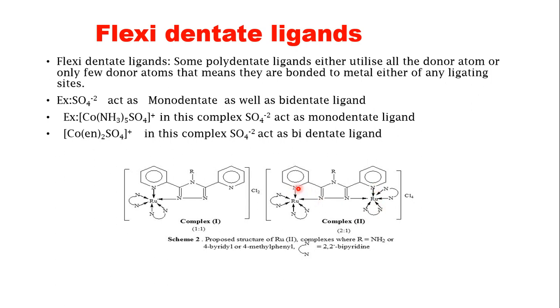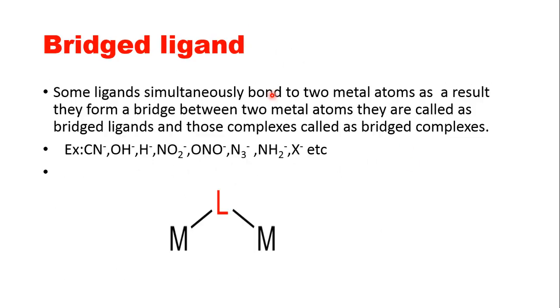Here there are two nitrogens bonded with ruthenium, and here there are another two ligating sites bonded with ruthenium. So in complex 1 only these two sites have been utilized, while these two ligating sites have not been used, while in complex 2 all the four ligating sites have been utilized. Such behavior shown by ligands utilizing their ligating sites is known as flexidentate.